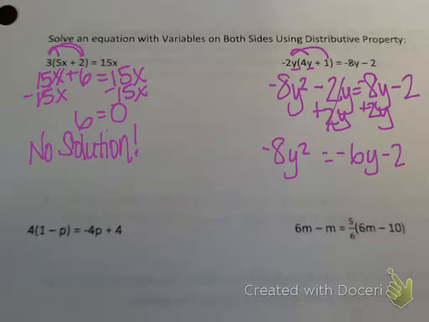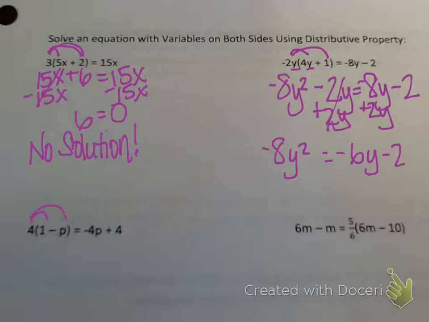This is called a quadratic equation because of the exponent on the y. We will get to solving more of those later, but for now we're just going to leave it. We're not going to do much more with it.